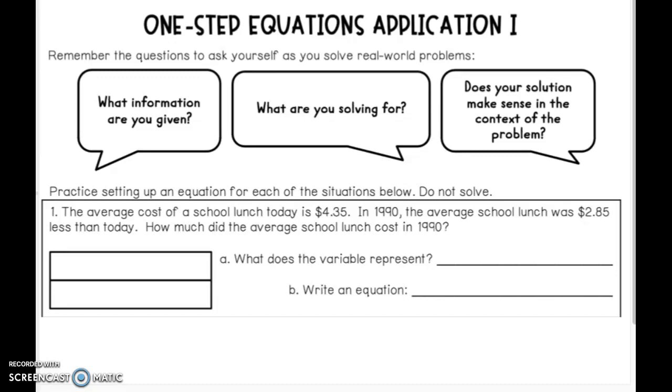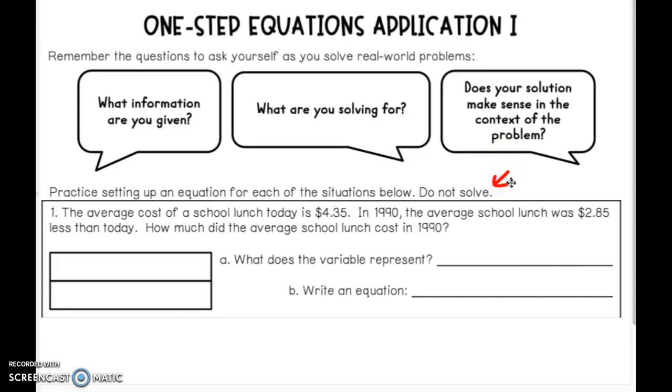So let's look at the first one here and see if we can decipher how we might go about solving something like this. We're just going to set up the equation, as you notice right here. We're not going to actually solve them, we're just going to set them up for now, okay? So it says the average cost of a school lunch today is $4.35.